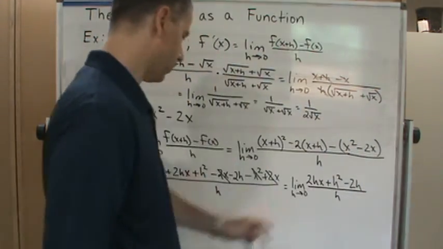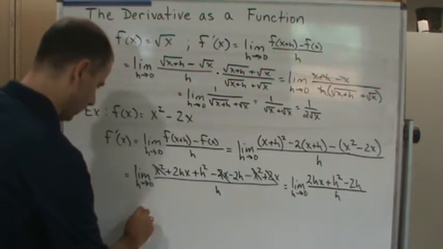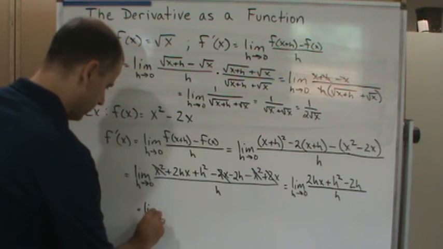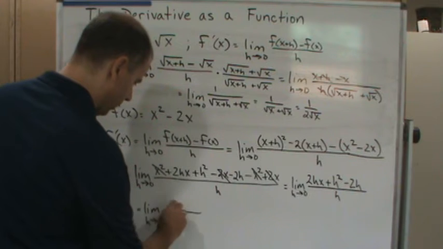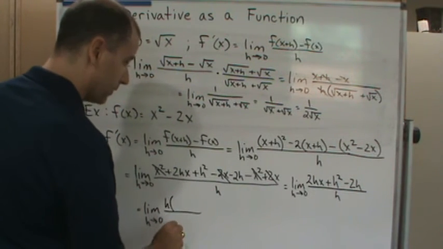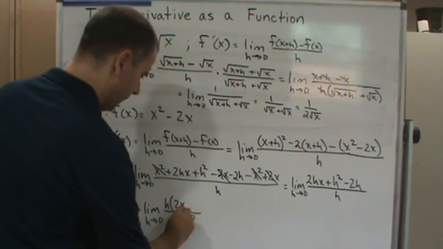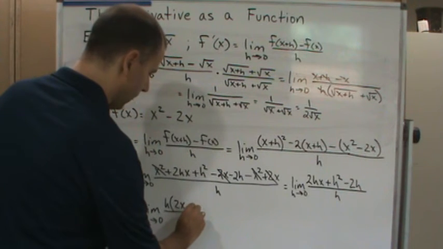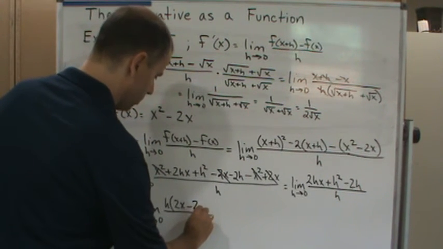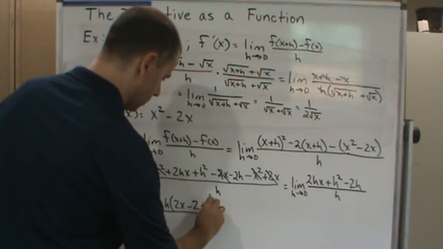And now I can factor out an h, and that gives me the limit as h approaches 0 of h times 2x minus 2 plus h.